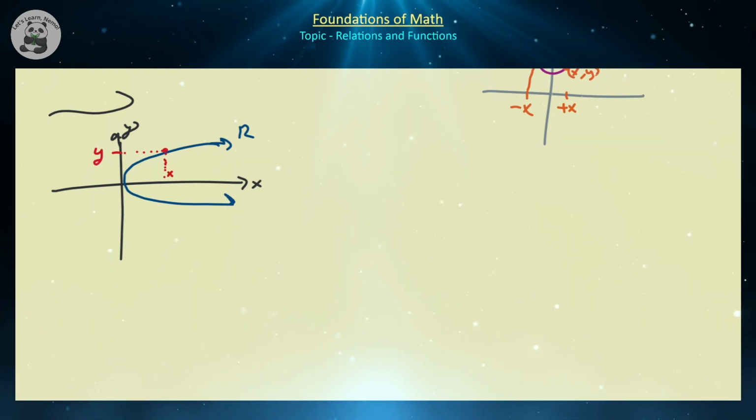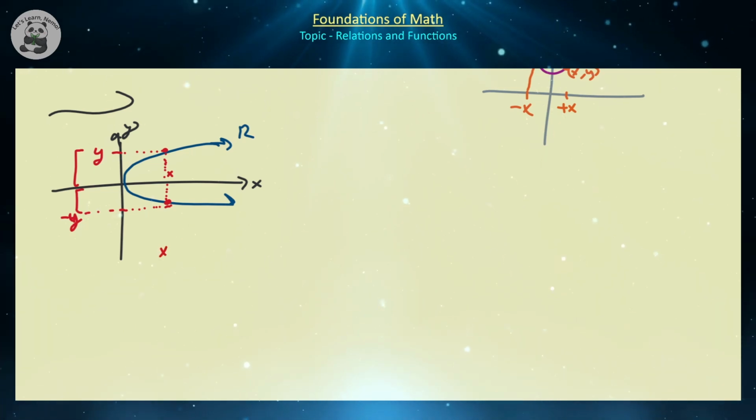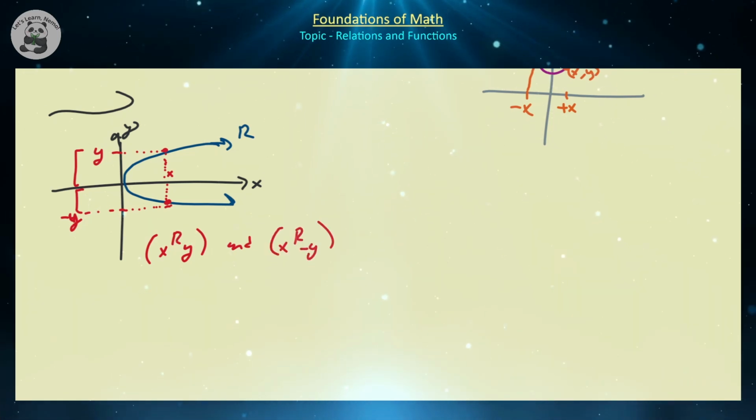Now let's assume that I choose the same exact distance just in the opposite direction. Let's assume that this is, for example, minus y, and we go over here and then go up to that point. Notice that it has the same exact x value. So i.e. x is related to y and x is related to minus y.